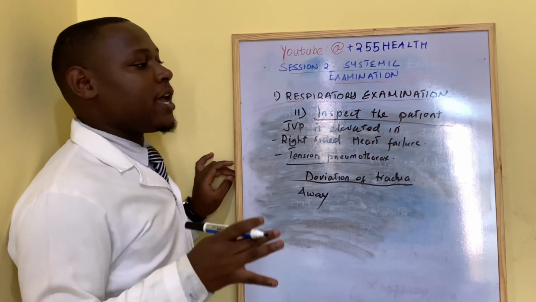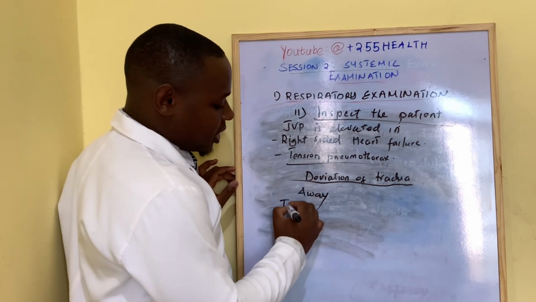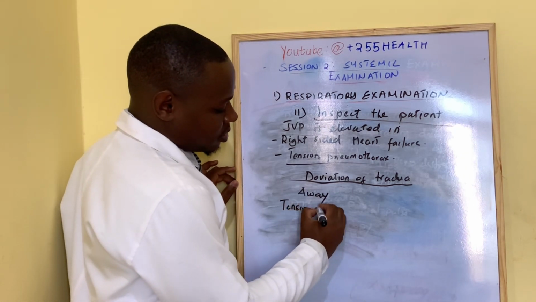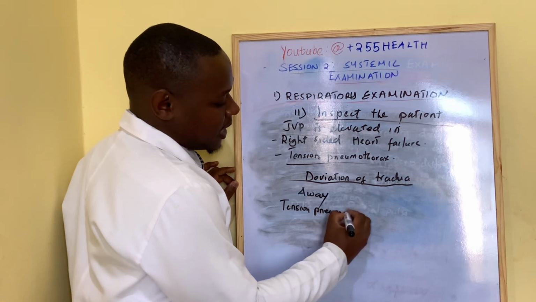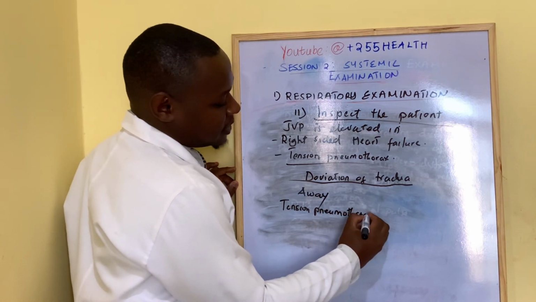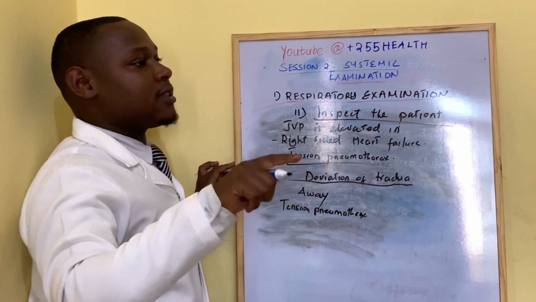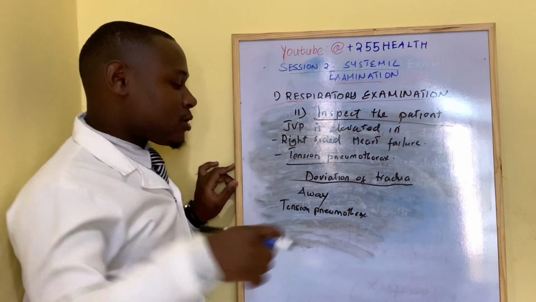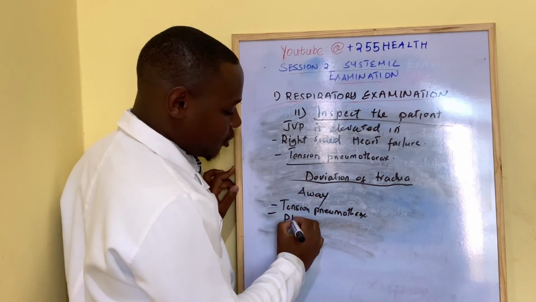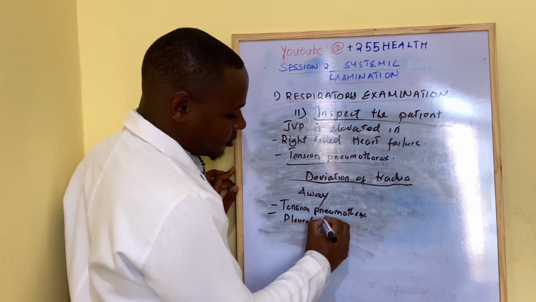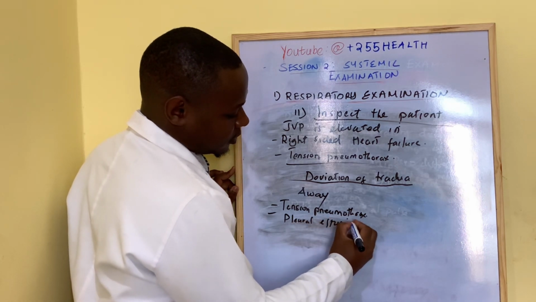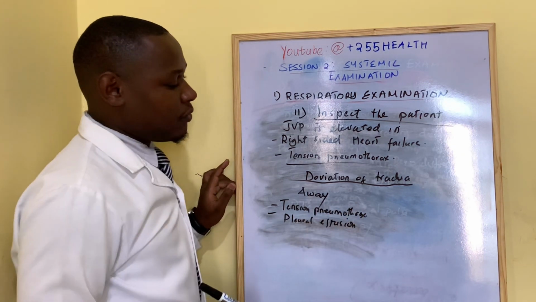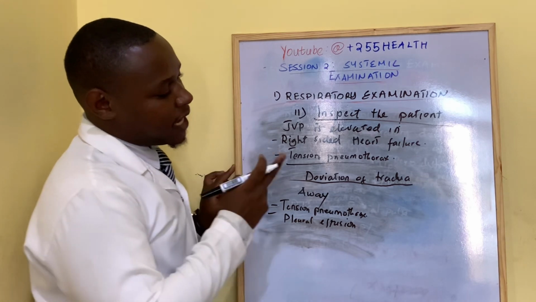It is deviated away in cases of tension pneumothorax. That means the side that has the tension pneumothorax will make the trachea deflect to the opposite side, together with pleural effusion. So these can be signs of these problems if the trachea is deviated.